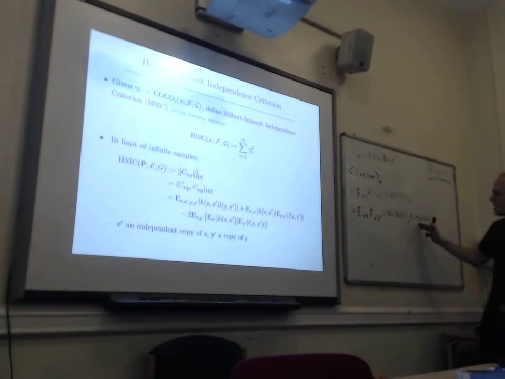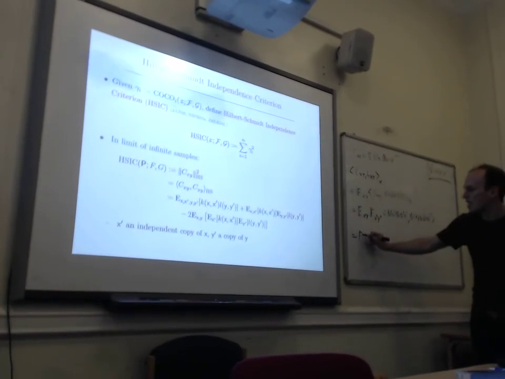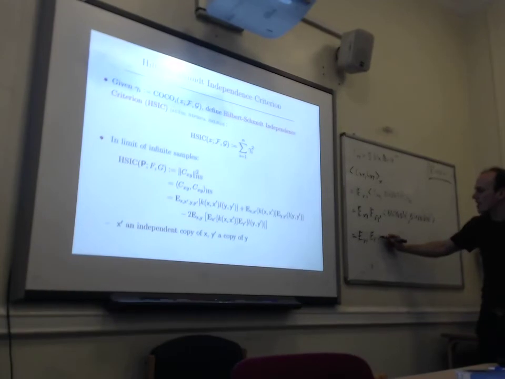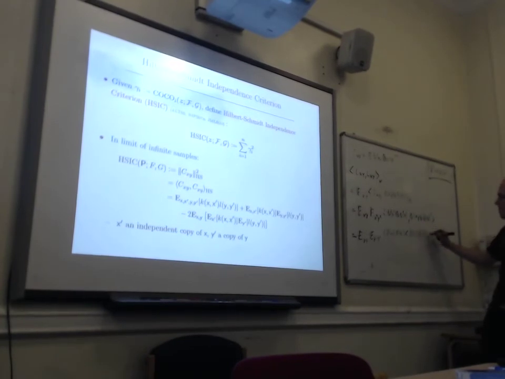I know how to do this tensor product. This is what I did earlier in the lecture, so I'm not going to show all of the intermediate steps. This is the expectation over x, y and x dash, y dash of the inner product of phi x dash and phi x, and the inner product of phi y dash and phi y.